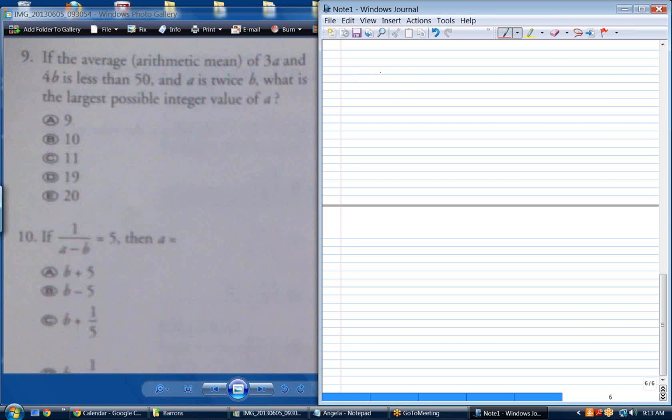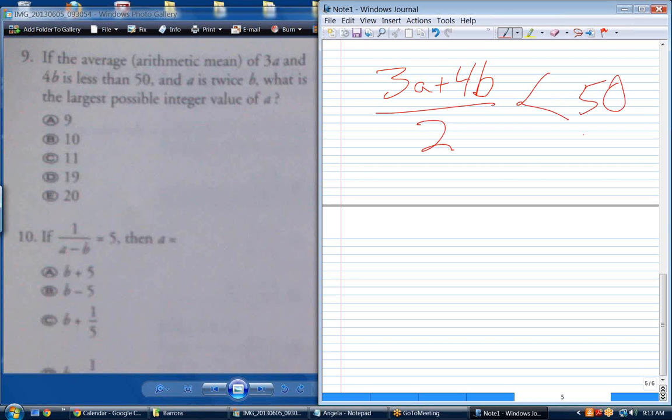I'm just going ahead with 3a plus 4b is less than 50. The average of them, which means we have to divide that by 2. That's the first thing. And then 2b equals a. That's the second thing.